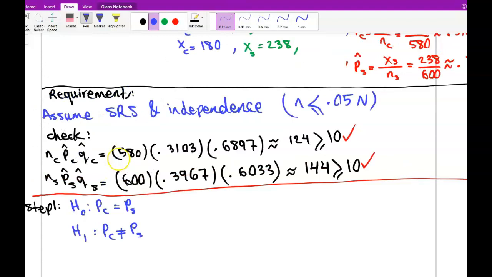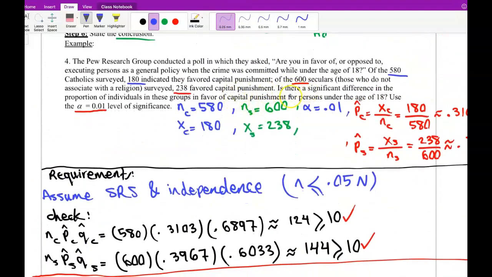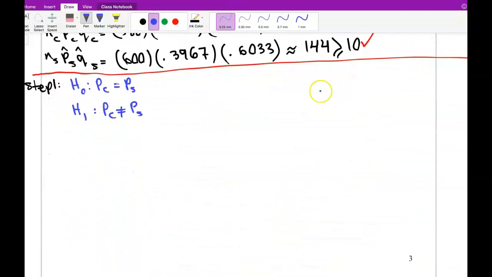Because here the question was, is there a significant difference in the proportion of individuals? We don't see any greater than, less than, or something like that. We only see that there's a significant difference. What that means is we should find out if there is any change or not. So we should use the two-tail test, which is not equal to.